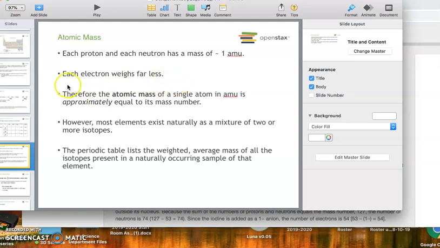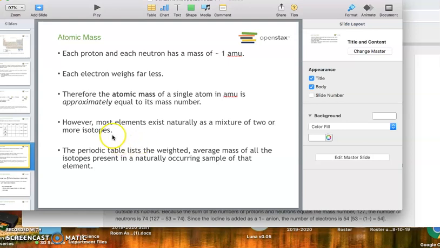So we don't really count the number of electrons when we're trying to figure out the mass, because if you add a very small number to a larger number, it's not going to really change that number at all. So the atomic mass of a single atom in AMUs is approximately equal to its mass number.